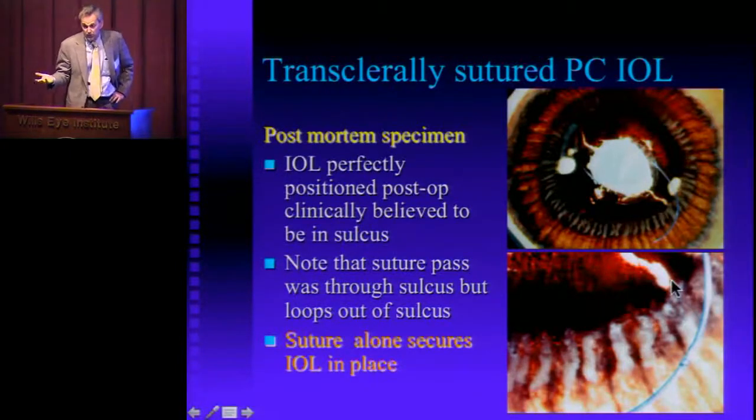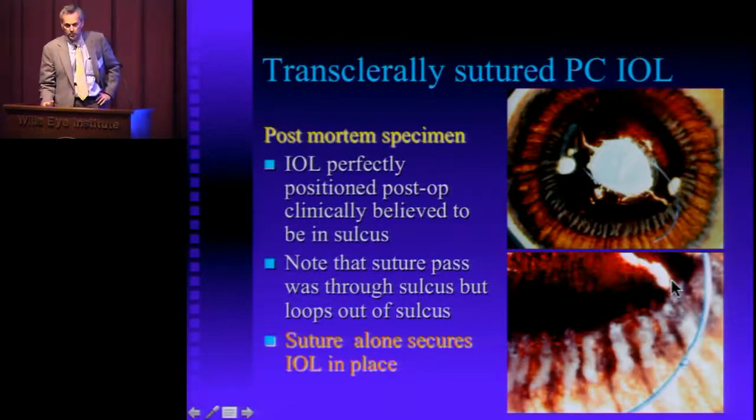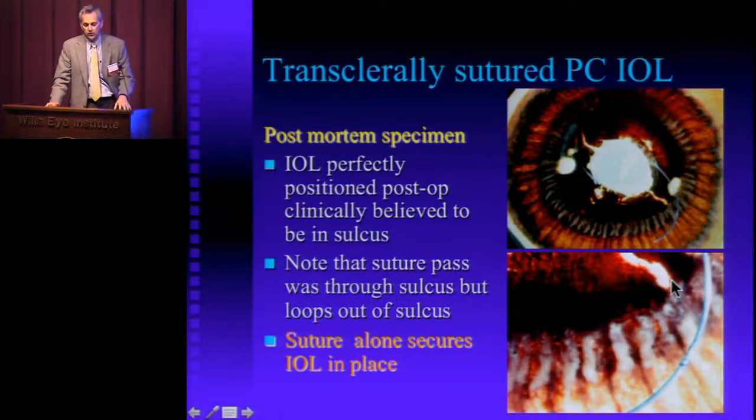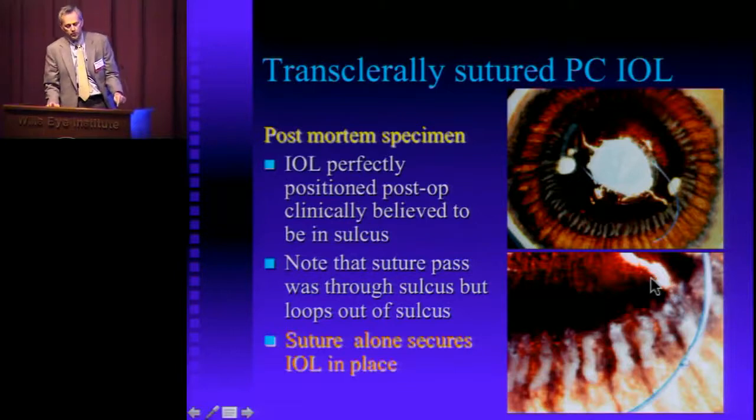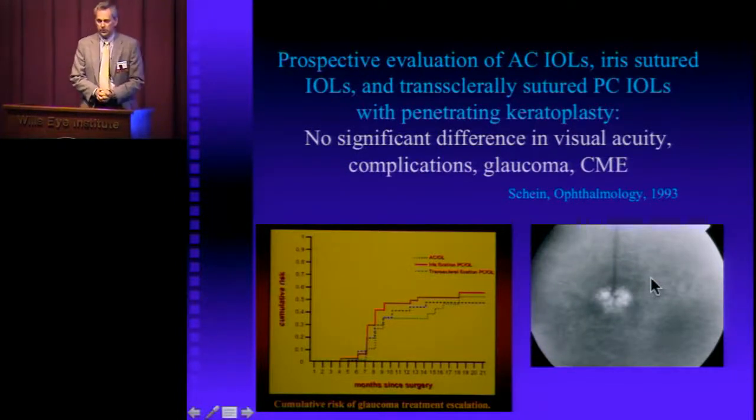And that just means that this is a ticking time bomb. The suture alone is what secures the lens in place. And the important thing to remember is these sutures are not going to last forever, and maybe we think they will last for your lifetime or the patient's lifetime. That's good. But there's no guarantee that these sutures are going to hold the lens in place forever, and that's the reason I think that an anterior chamber lens, if you can use it, is probably the safest way to go for long term.